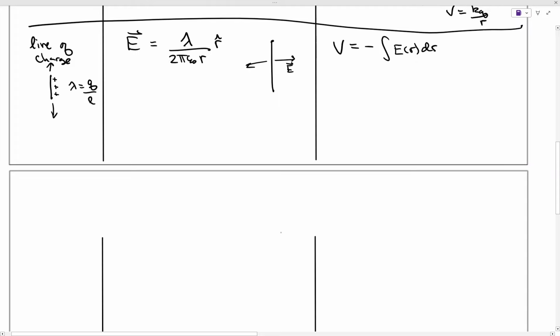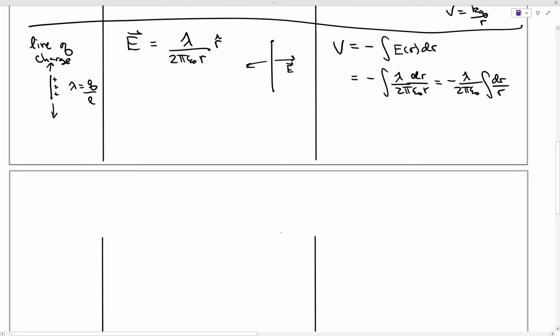If we look at the indefinite integral case, we put all of our stuff in here and integrate with respect to r. We could pull out all the constants, the charge density and these other constants. You have an integral of 1 over r.